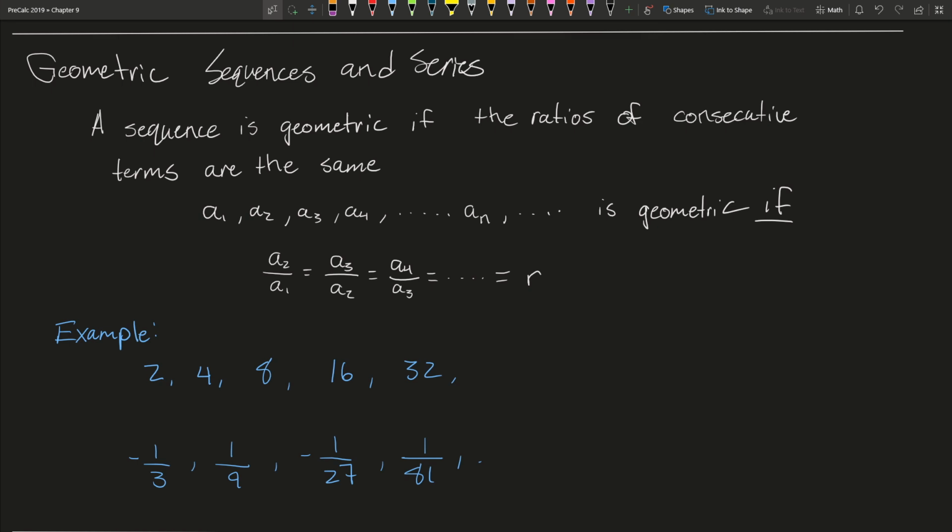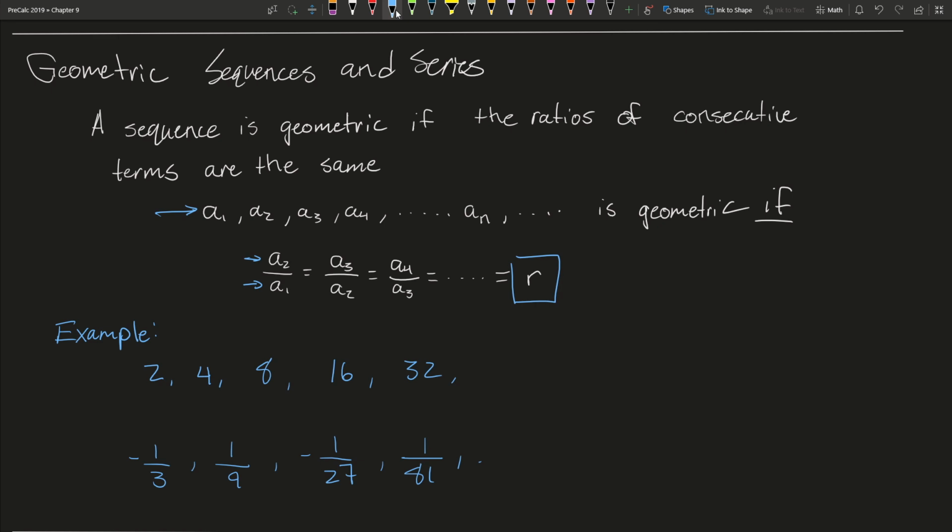Okay, so if we have the sequence A1, A2, A3, all the way up to AN and then beyond, it is considered geometric if, when we take the ratio of consecutive terms, so A2 divided by A1, A3 divided by A2, A4 divided by A3, and so on, each of those ratios is consistent and constant.